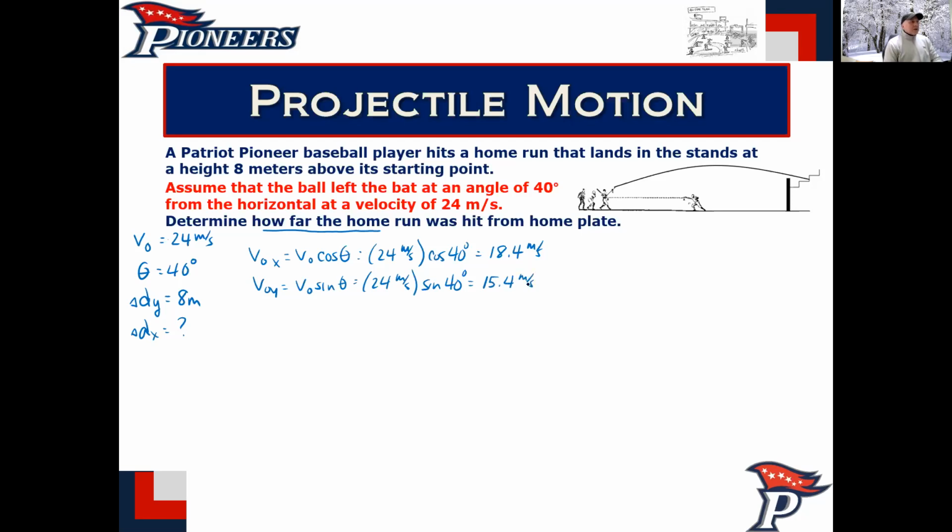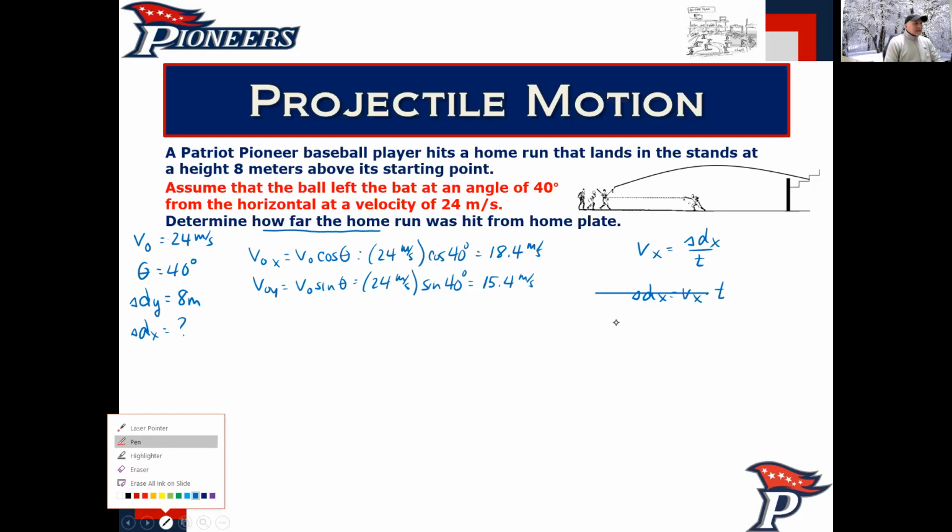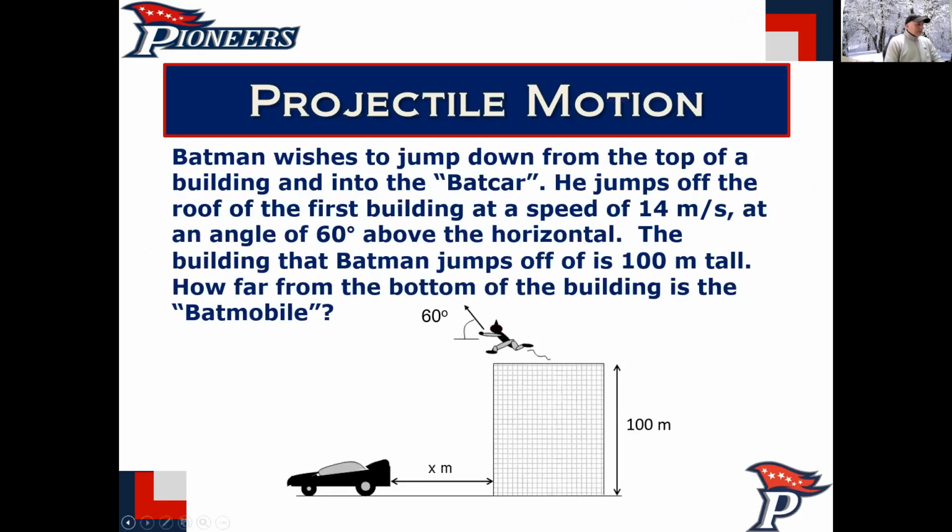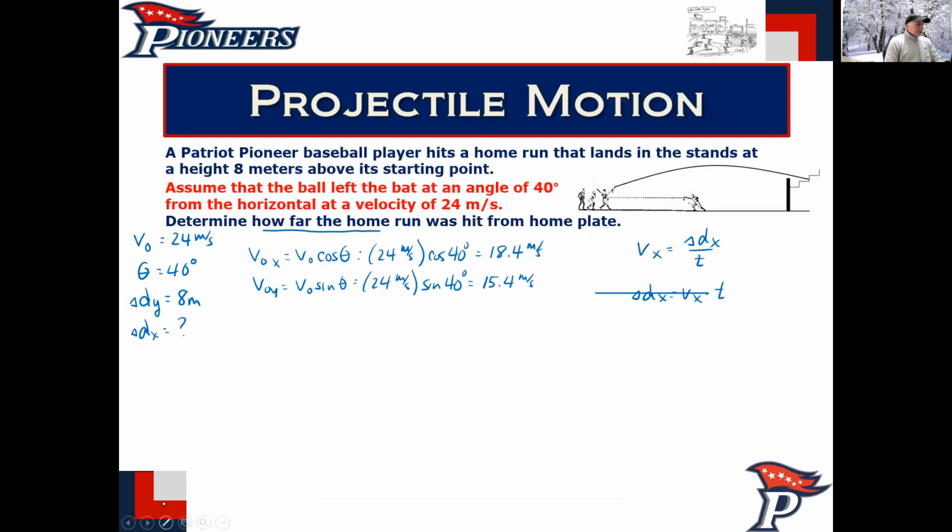All right, so now we're looking at time, right? Because in order to find dx, remember we cannot use the range equation, because there's an elevation change. So that's a no-go. So we're looking for dx. That means Vx and time, right? So we know Vx, but we've got to find time, which is what most of these problems always come down to.